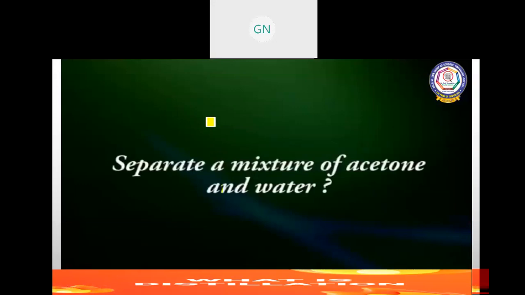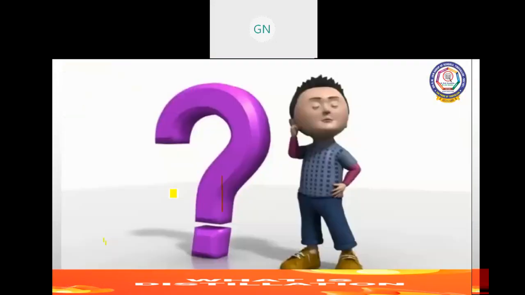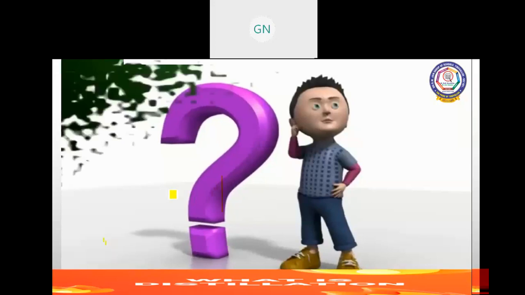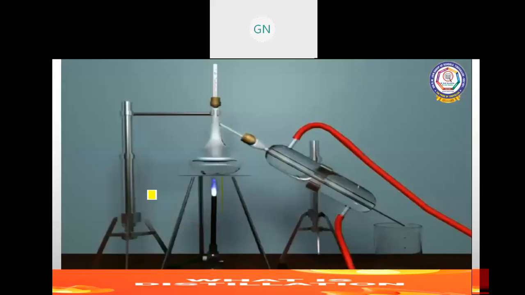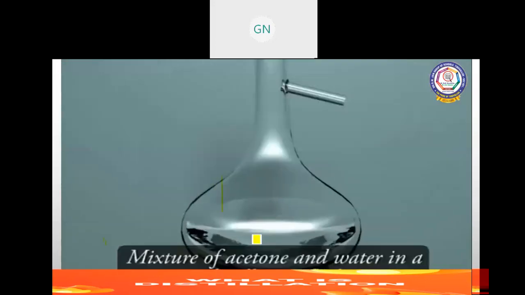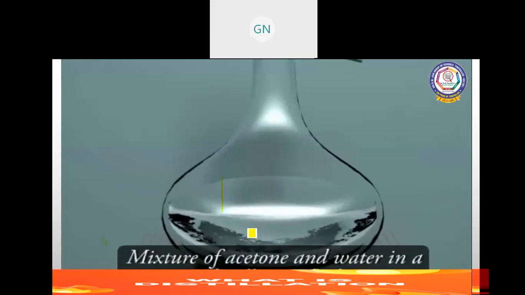Separation of a mixture of acetone and water. Let us see how to separate the mixture of acetone and water. It is a miscible liquid, completely mixed together. When you heat, watching the temperature, you connect with the Liebig condenser. We take the mixture of acetone and water in this.